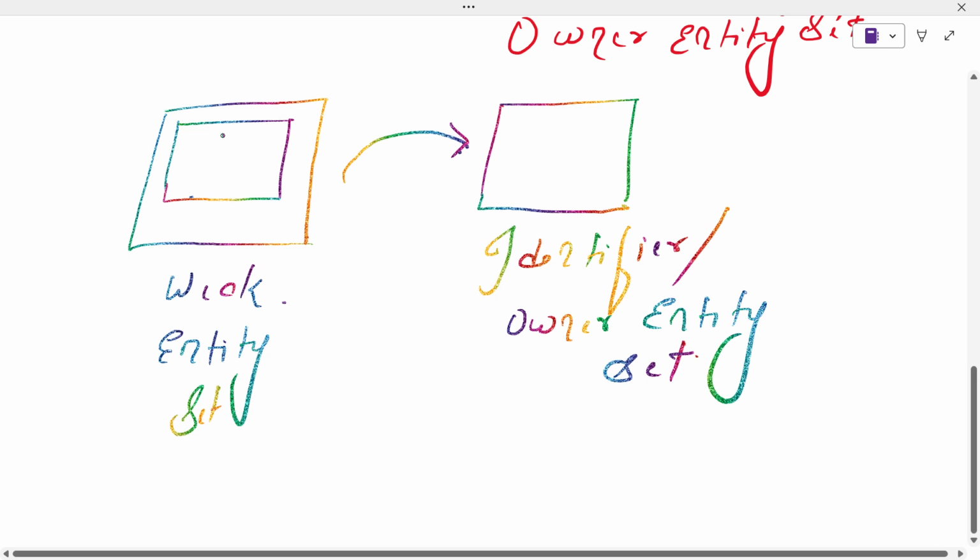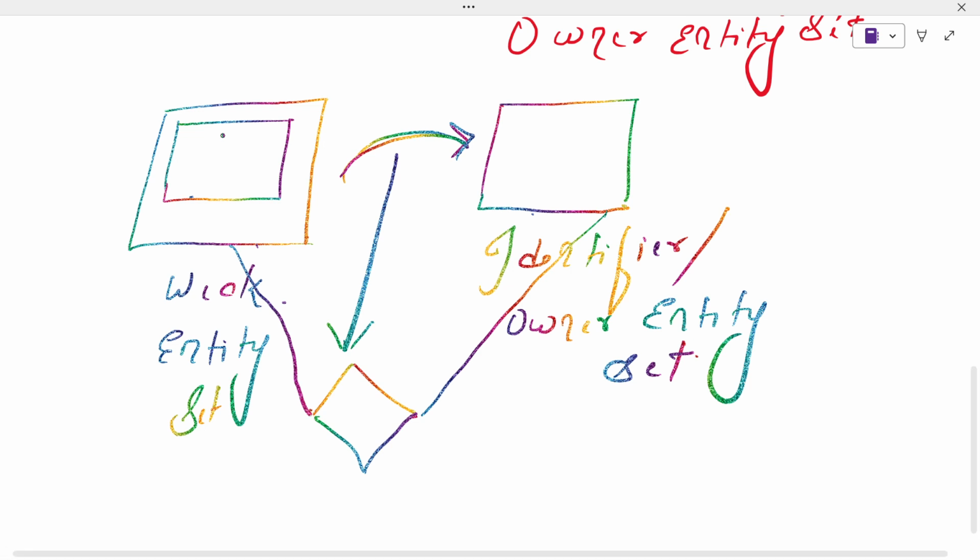Now if there is a dependency, then definitely there has to be some relationship between these two sets, right? So this set has to be related with this set with the help of one relationship. Every entity of the weak entity set must be involved in this relationship. That's how we can distinguish, right?